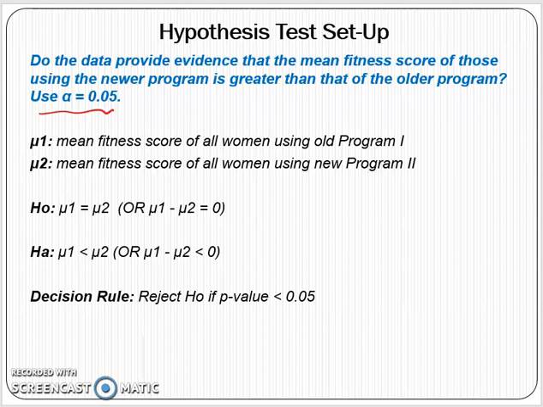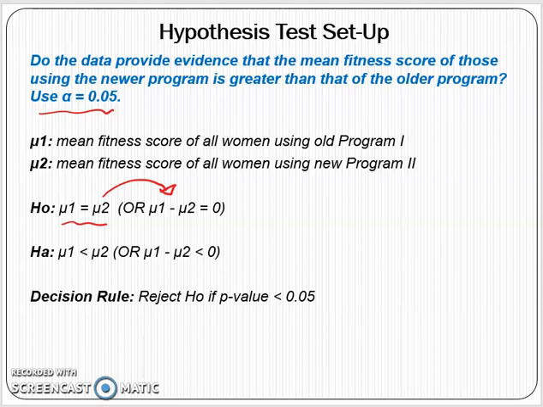The null hypothesis, being the skeptic's hypothesis, is that there's no difference in the mean scores. The mean score of all women using program 1 equals the mean fitness score of all women using program 2. And the way a computer views that is as differences. If the two means are equal, when you subtract them, mu1 minus mu2 equals 0.